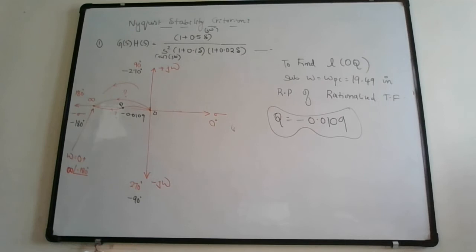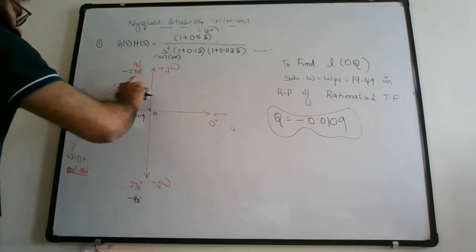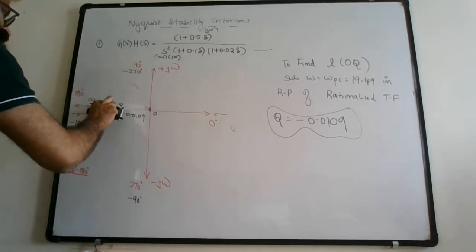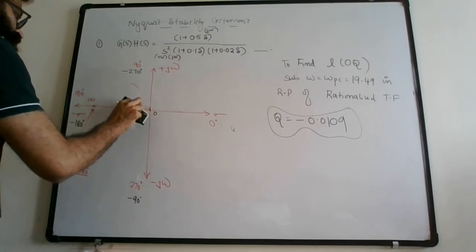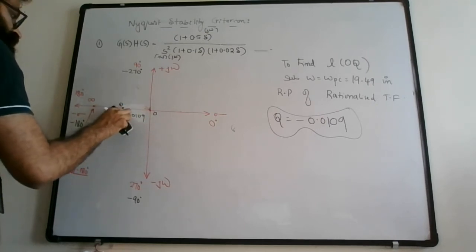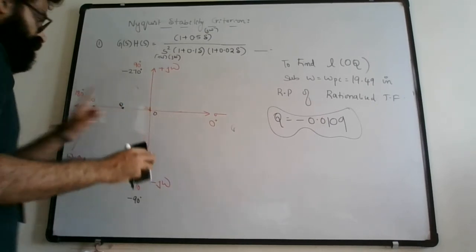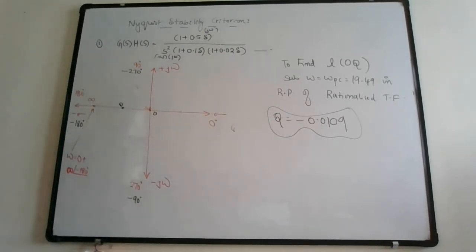So you have come to know that there is some intersection with the real axis. So this intersection point, Q, is given here. So this will help you in sketching the Bode diagram.